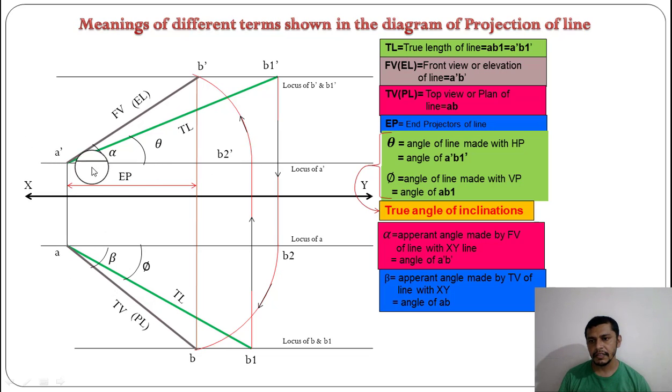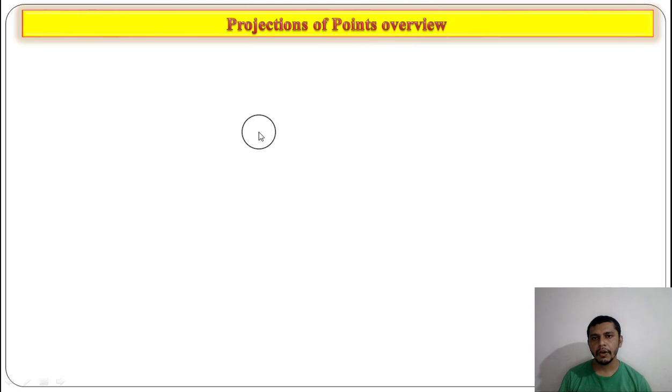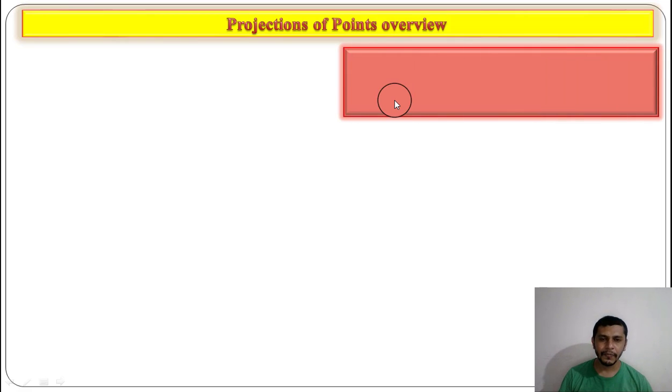To understand this, let us take a quick overview of projection of points. Projection means to draw the top view and front view of the point. So how do we indicate the plan, elevation or side view of the point? To indicate the plan of the point, we use small a, b, c, d up to z.